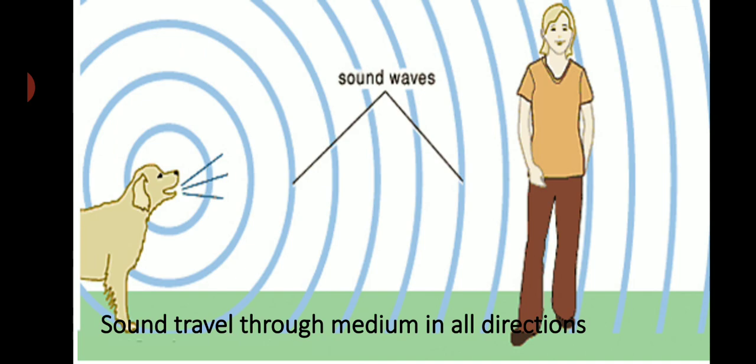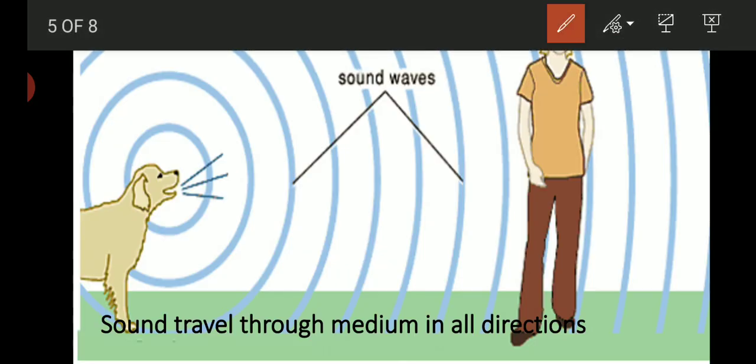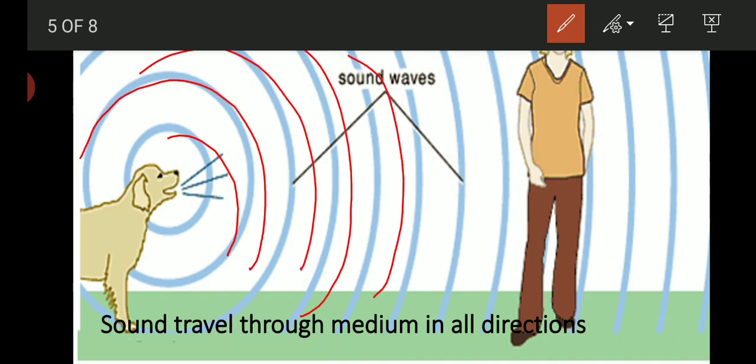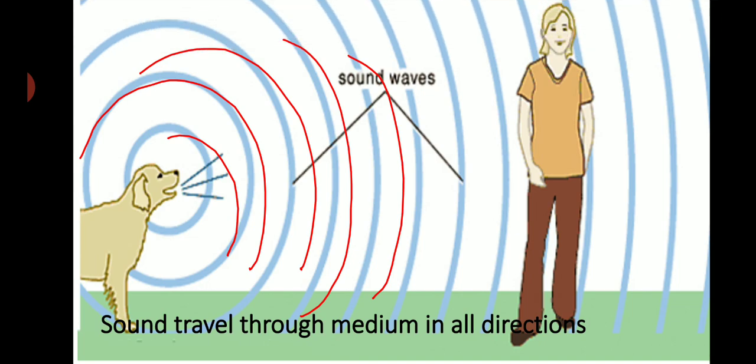Next, how does sound propagate from the source? The sound travels through the medium in all directions. Here you can see a dog barking, and the sound energy from the dog travels in all directions in the form of waves and reaches the person. A person standing in front of the dog can hear the sound, and a person standing at the back of the dog can also hear the sound.